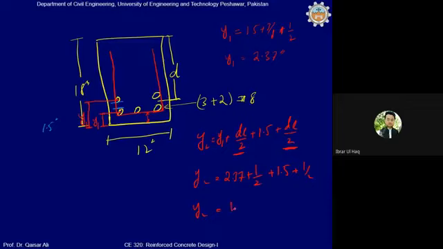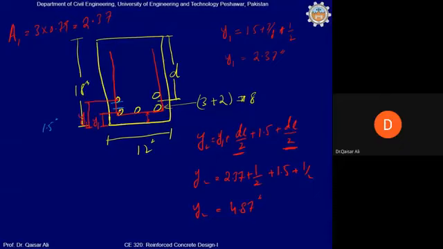4.87. 4.87 inches. Clear? Now tell me, what is the area of reinforcement in layer 1? 3 multiplied by 0.79, how much area comes? 2.37.